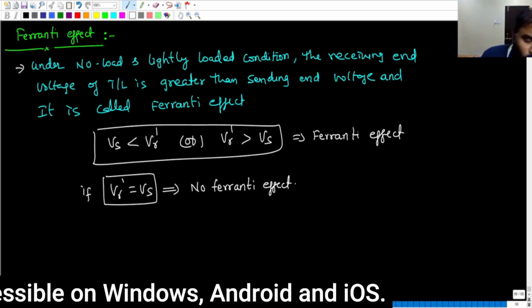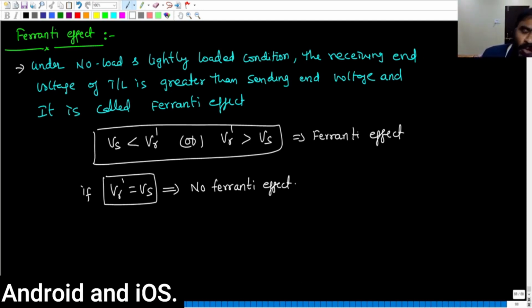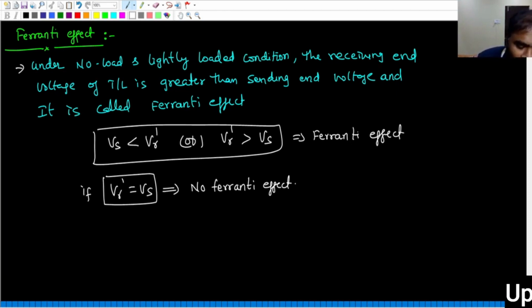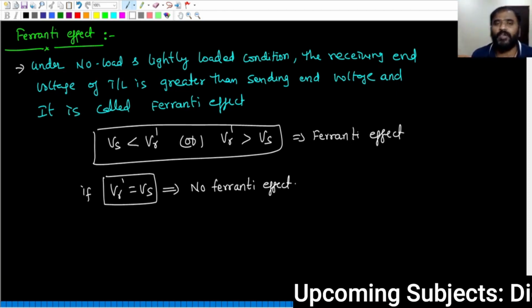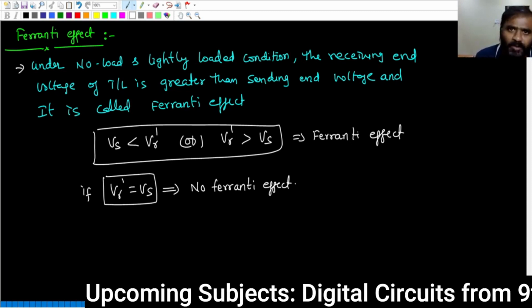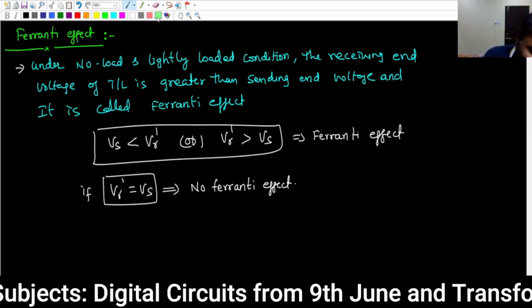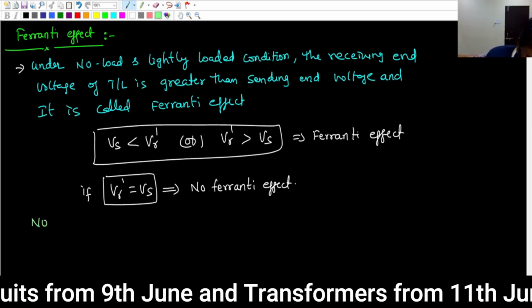Okay, so due to the Ferranti effect, equipment insulation will break down. The Ferranti effect causes permanent overvoltage. It's not a transient overvoltage.